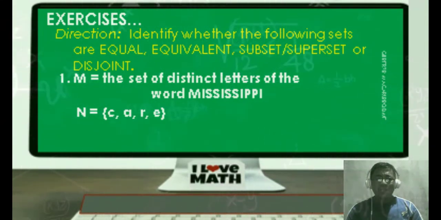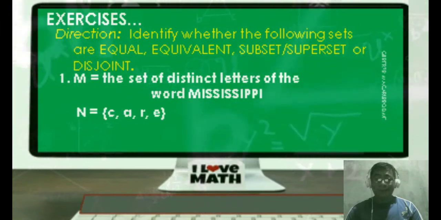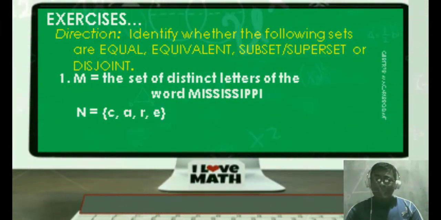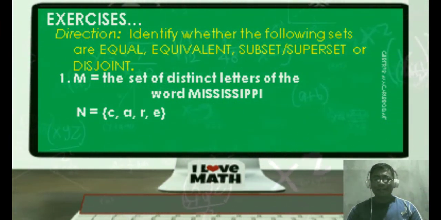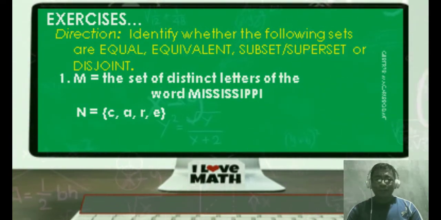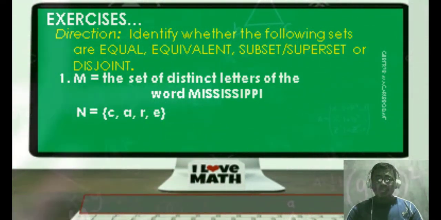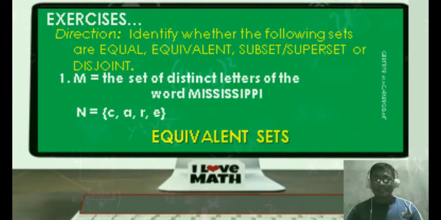So therefore, how many elements does set M have? That's right. It has 4 elements. So therefore, M and N are simply equivalent sets. Take note of that.